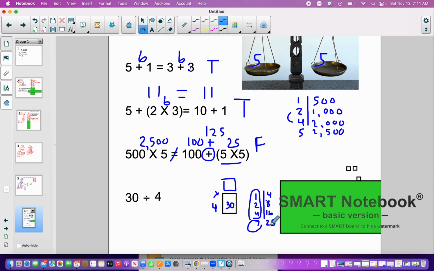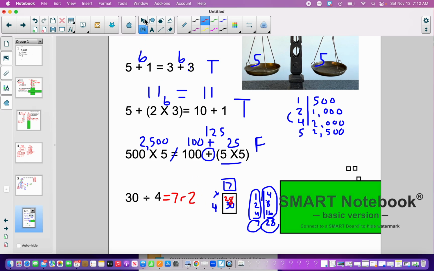Guess what? That's all you have to do on this side. Just add the products. You get 28. So 4 times 7 is 28. It's not 30. So there's just a difference of 2. So we'd say it equals 7 with 2 remaining.